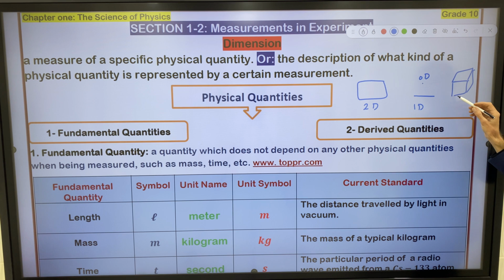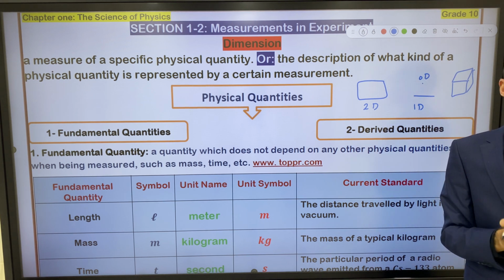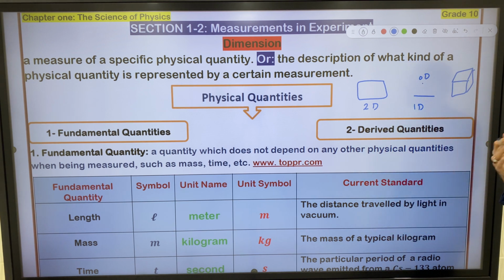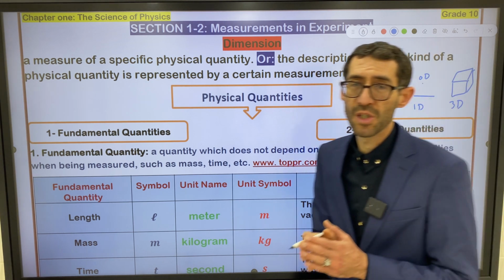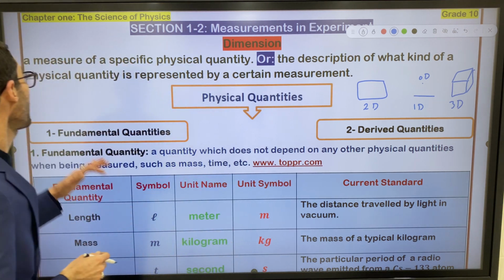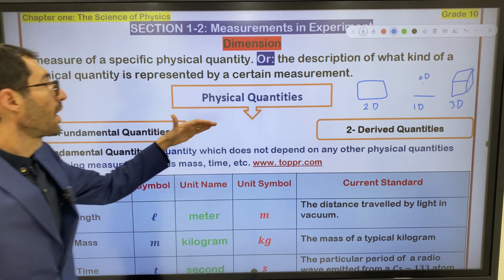And the cube, or any box, for example the room, has 3 dimensions. It means it has length, width, and height. That's why it's a 3D object. This is about the dimension in general, right? Let's move on to another thing.